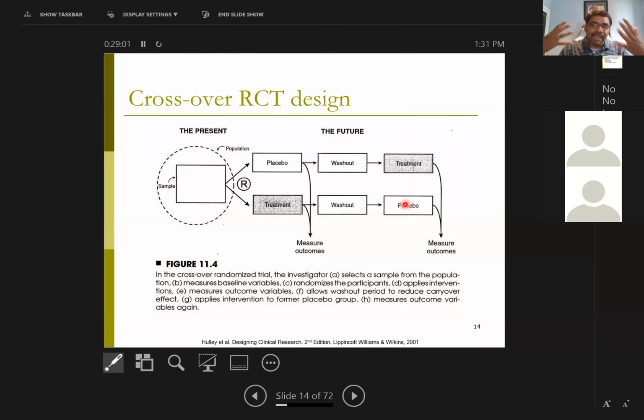Same genes, same family history, same risk profile, everything is constant. The only difference is that the time period is not the same, right? I cannot be taking the medicine and not taking the medicine at the same time, but I can take the medicine this week and not take the medicine next week, right? So time is a potential confounder here, but otherwise this design is even closer to the counterfactual gold standard design that we talk about.